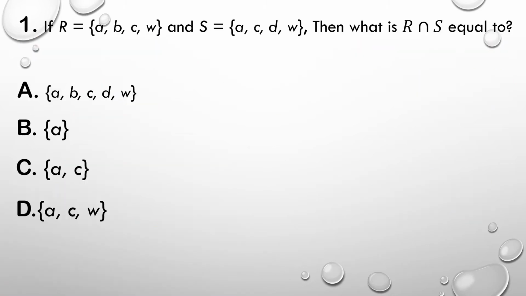Let's get ready. Question number 1. If R is the set with elements A, B, C, W, and S is the set with elements A, C, D, W, then what is R intersection S equal to? Go.